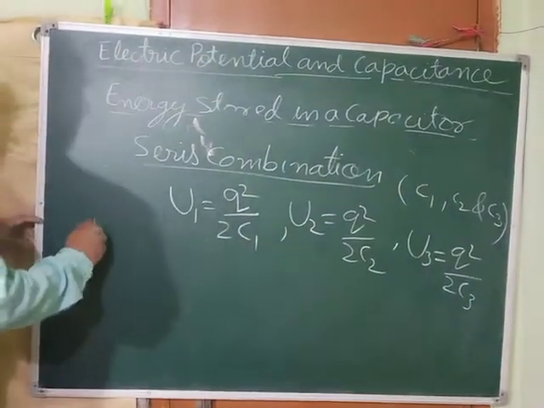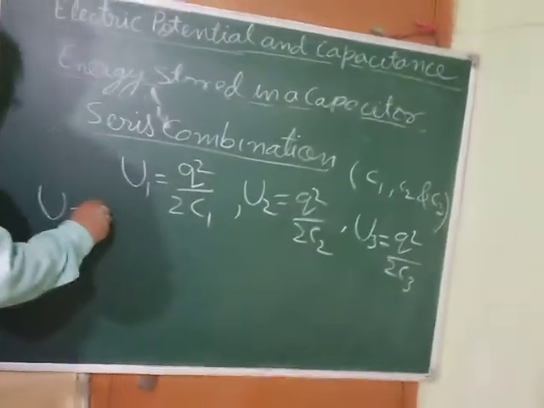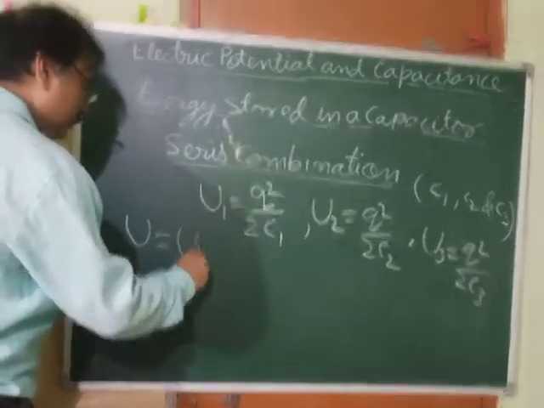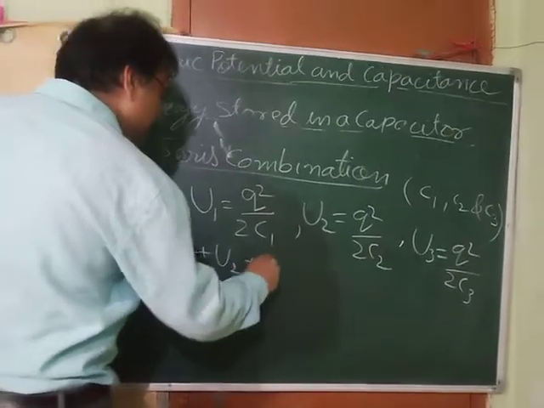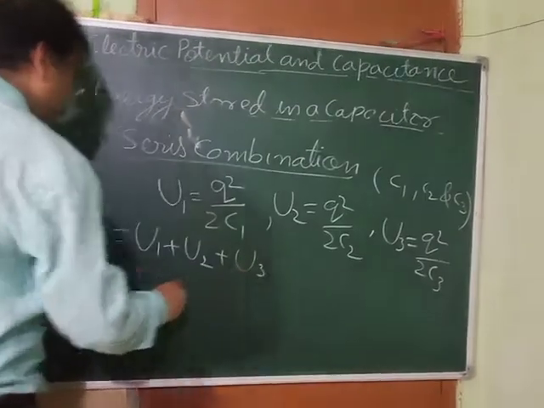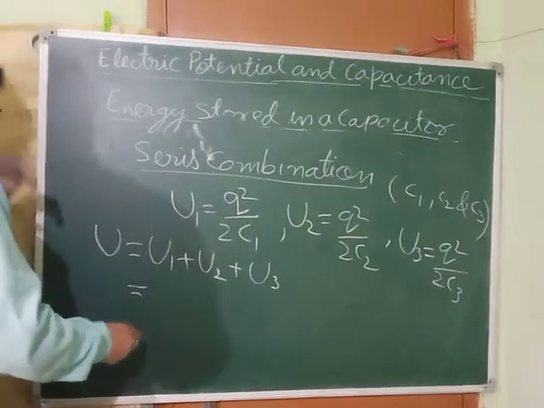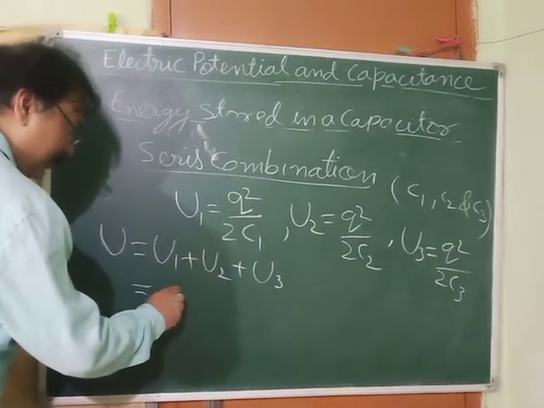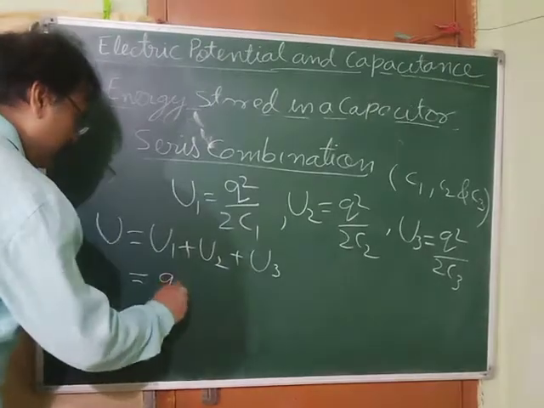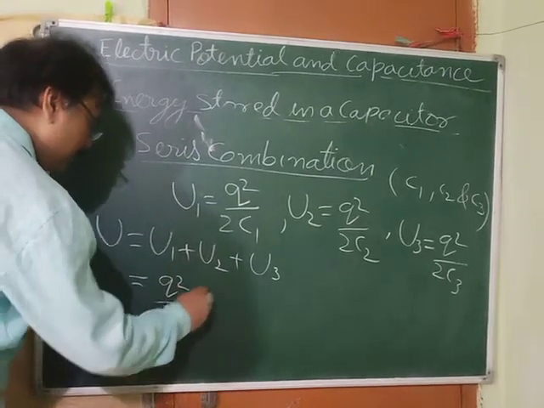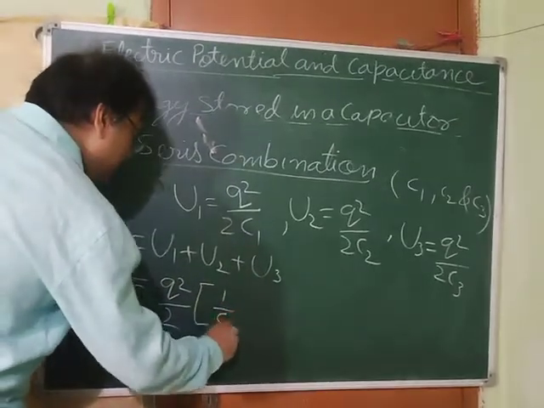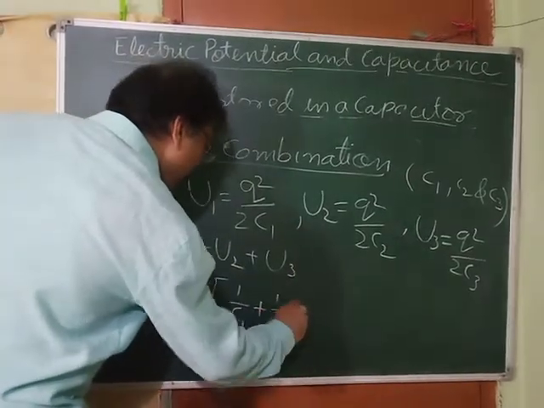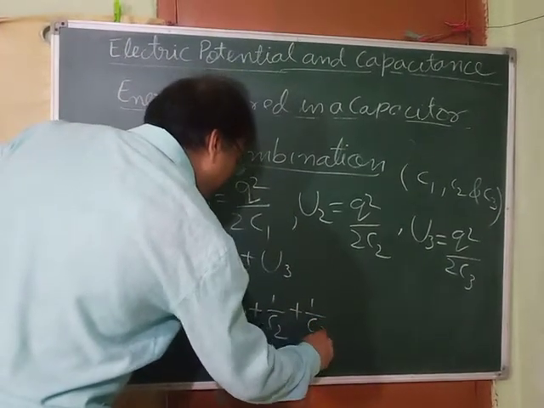Now, what is the total potential energy? It is equal to U1 plus U2 plus U3, and you can write that straight away. You can take Q square common and 2 also common. You will have 1 by C1 plus 1 by C2 plus 1 by C3.